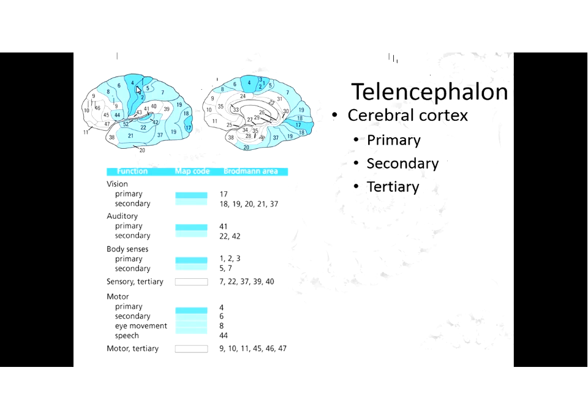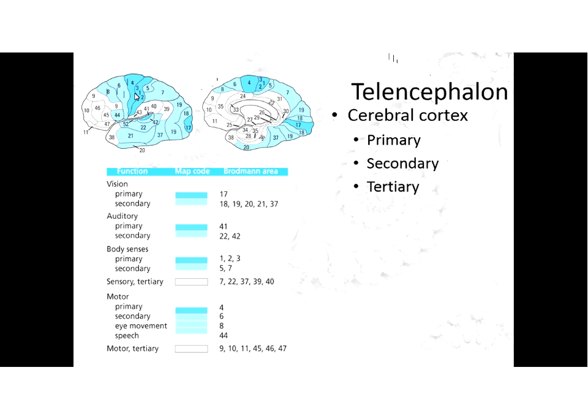So this represents multiple information coming in to that location, or tertiary cortex. This is typically the highest level of processing that's occurring in the cortex. And then it'll feed down into the secondary motor cortex, here 8 and 6, and then primary motor cortex 4.